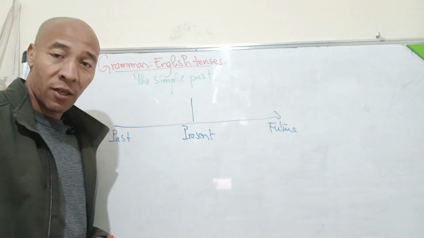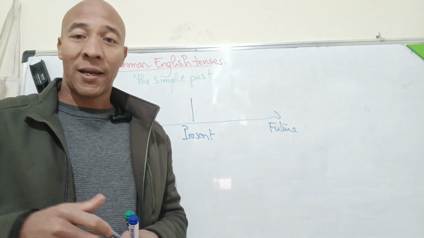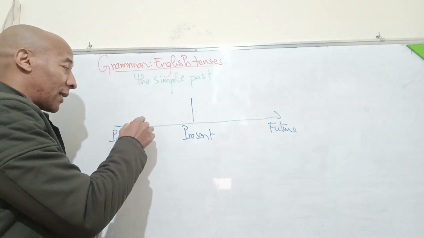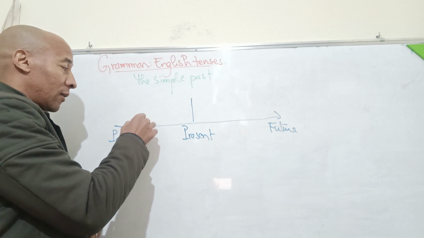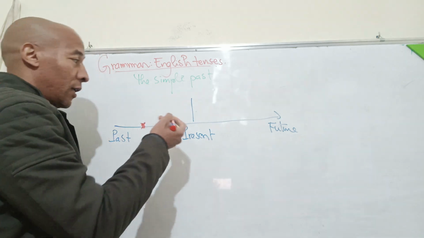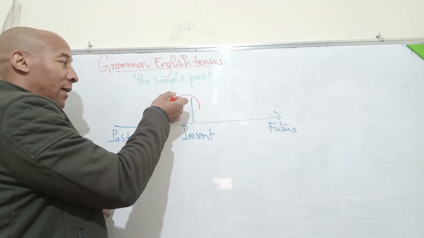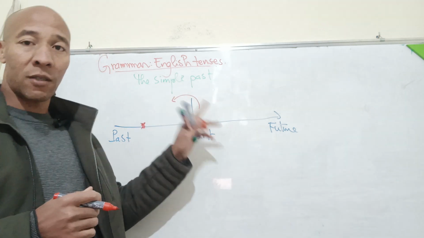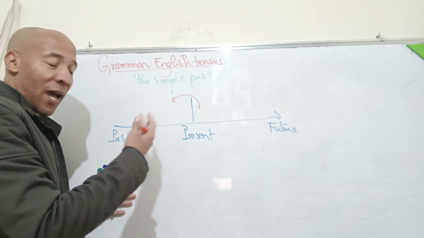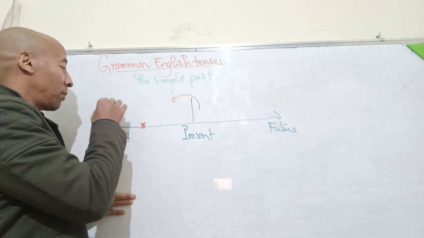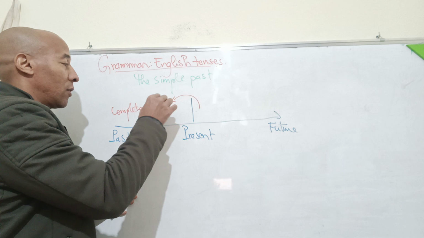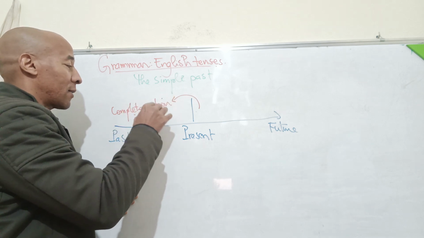So when we talk about the simple past, we talk about actions that took place in the past. So it means that we step back from the present to the past. So we talk about past actions. It means complete actions in the past.